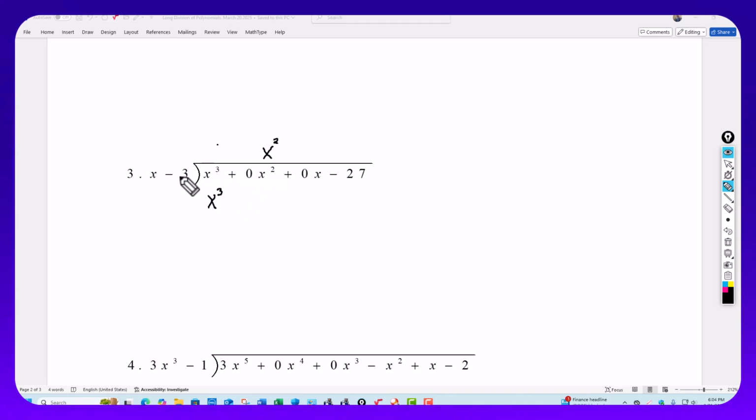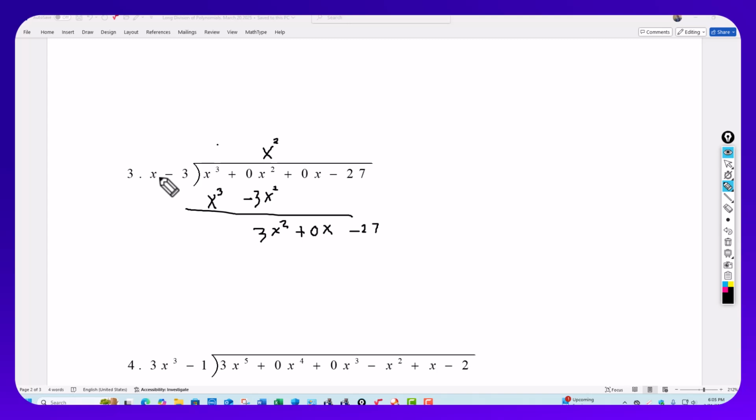Then x squared times a minus 3 is a minus 3x squared. And then I subtract. So x cubed subtract x cubed cancels. 0x squared subtract a minus 3x squared makes it a plus here. Then just bring the other ones down.